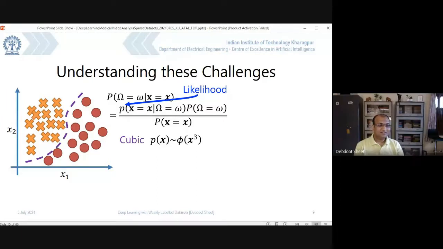See, I've just drawn a curve over here, which is the decision boundary. What I'm saying is that this decision boundary is related to the likelihood: whatever polynomial order can define this curve of the decision boundary is also the polynomial order which is defining my likelihood. I will come to the point of how it defines the likelihood.